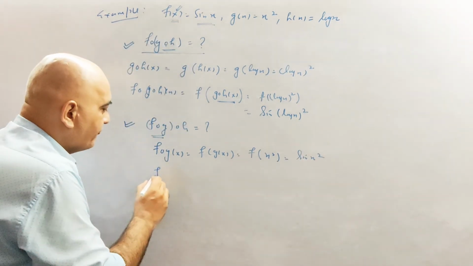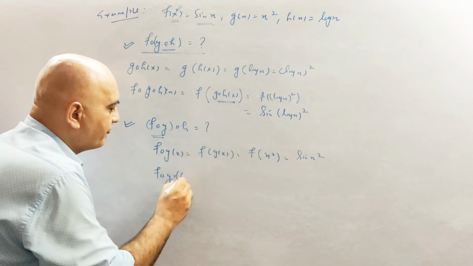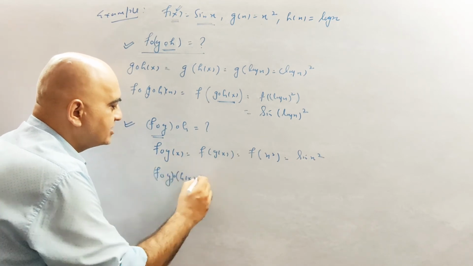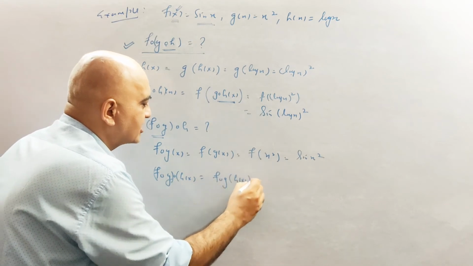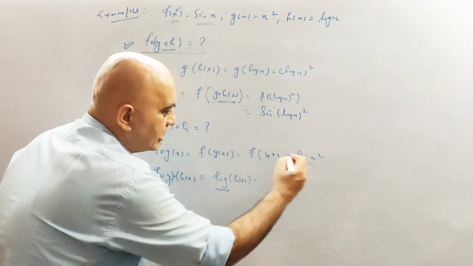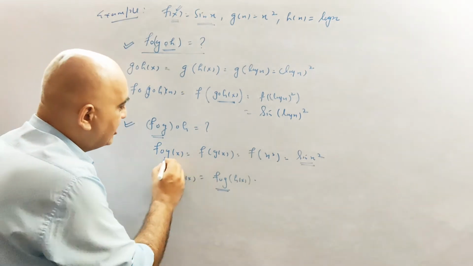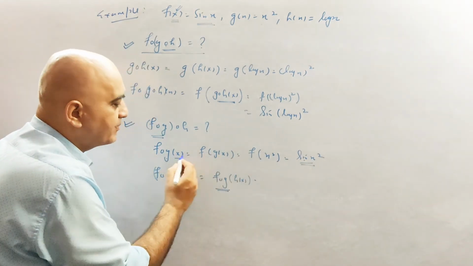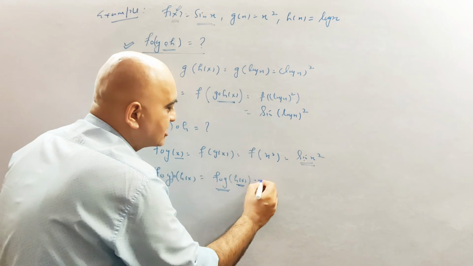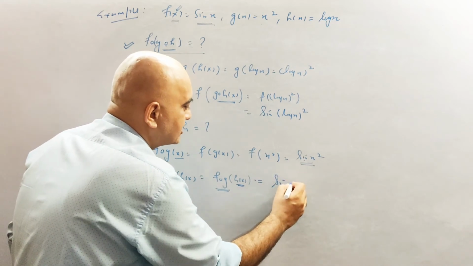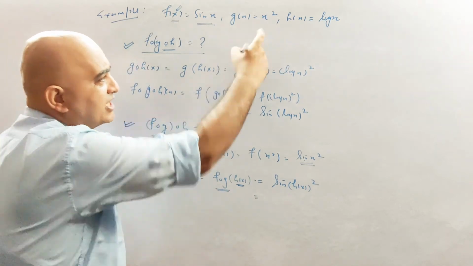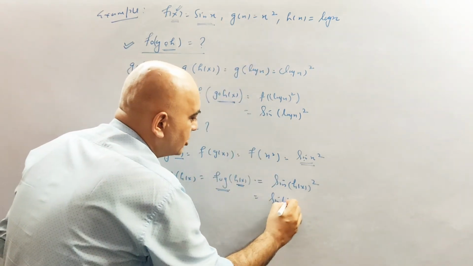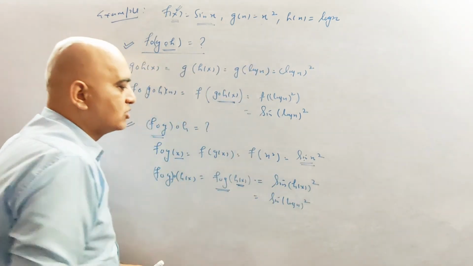Now, f of g of h of x, what does it mean? What is f of g? That is sine of x square, and in sine of x square, in place of x what do you have to use? You have to use h of x. So what will this become? Sine of h of x whole square. And what is the value of h of x? That is log of x, so it becomes sine of log of x whole square.